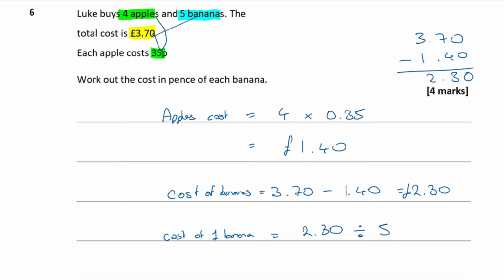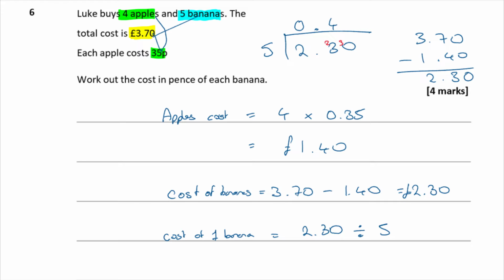So let's just do a quick bus shelter short division. Divisor on the outside, £2.30 on the inside. 5s into 2 don't go, that goes in 0 times, with 2 left over, so I'm going to write the remainder up here. 5s into 23, well, that goes 4 times. 4 5s are 20, so then the remainder is 3.